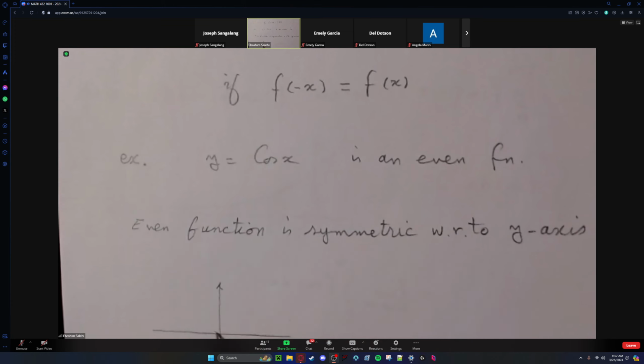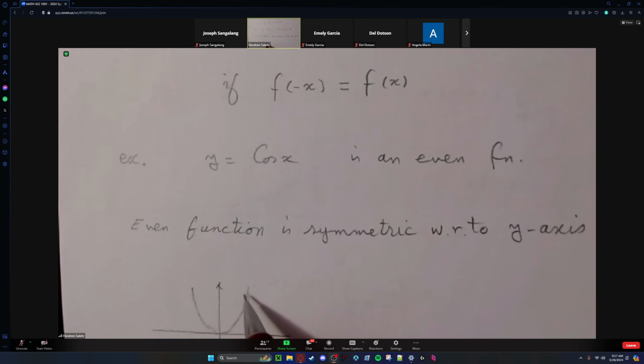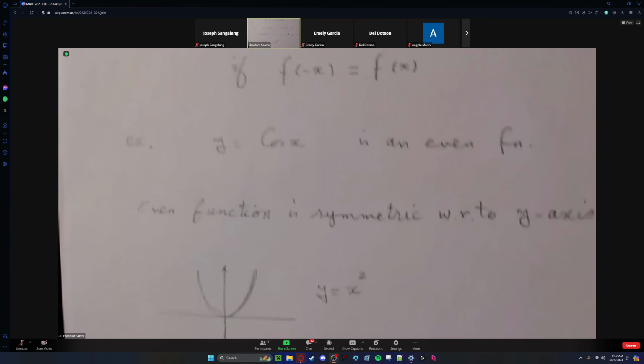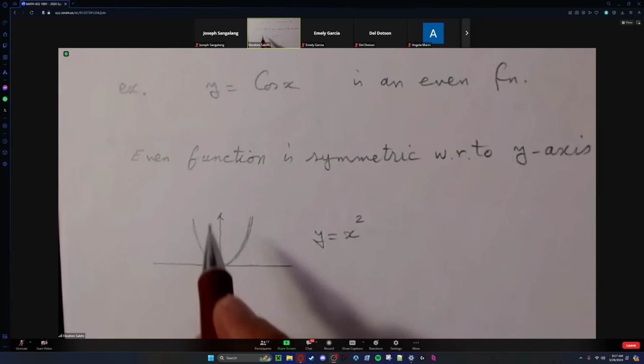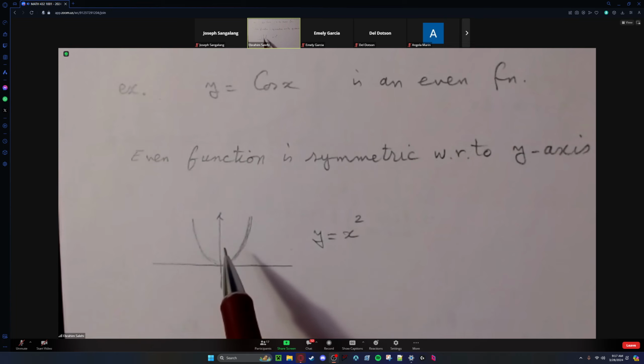Y equal x squared is symmetric with respect to the y-axis, all right? It's symmetric in that one side is the mirror image of the other side.